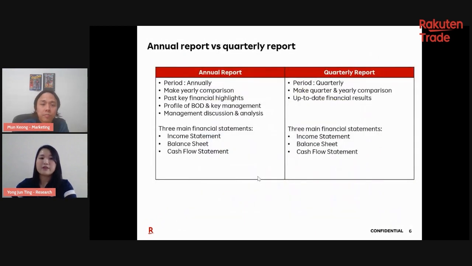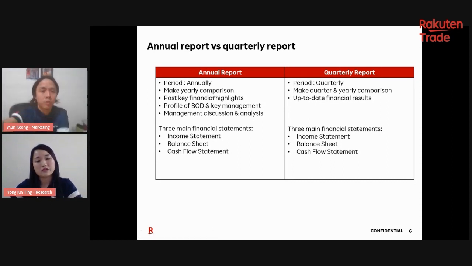Right, and also a very brief explanation of annual report versus quarterly report. As the name goes, the company releases the annual report annually, so that investors can make yearly comparisons. There are different levels of disclosure between the two reports. I would say the annual report is more detailed, but the quarterly report definitely has up-to-date results.